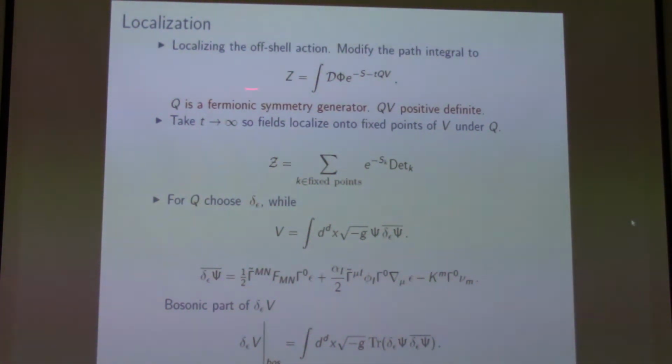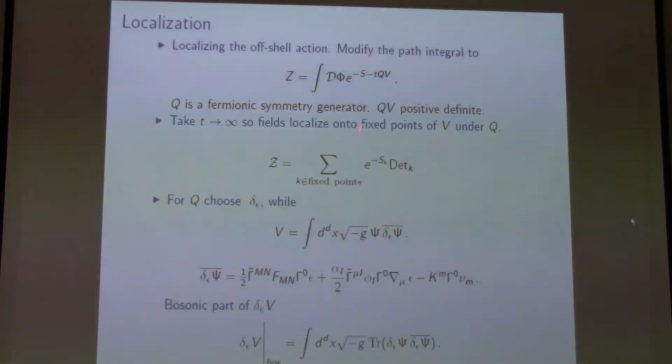Since this is fermionic and a symmetry, you can show that this partition function doesn't depend on t. So since it doesn't depend on t, you can take t to be infinite. Basically it localizes onto the fixed points of QV, where QV is equal to 0, because if QV is not equal to 0, then this thing is exponentially suppressed. So it localizes onto fixed points of V under this Q.